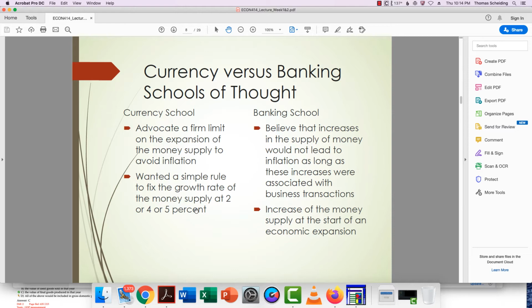In your Econ 131 course, you may have been taught a monetarist philosophy. That would be something like the currency school, which basically says that we try to control the growth of the currency by placing a firm limit on how much it grows over time.